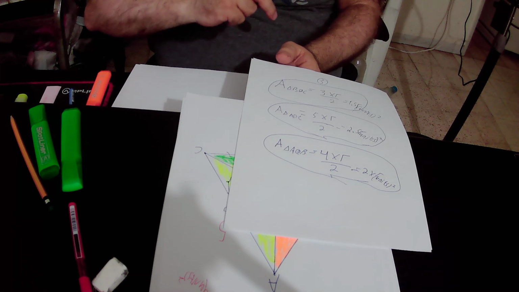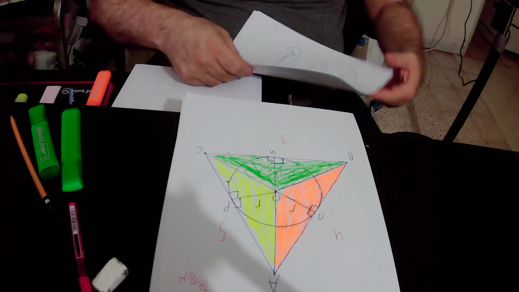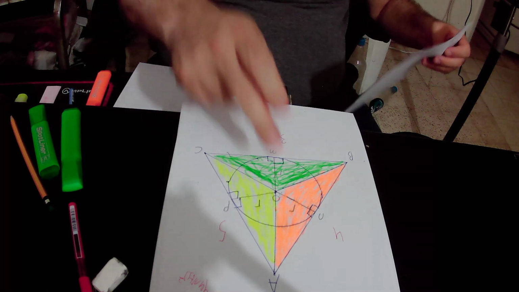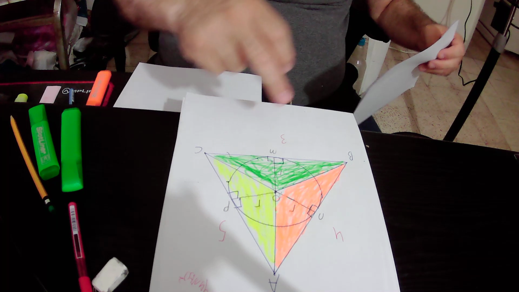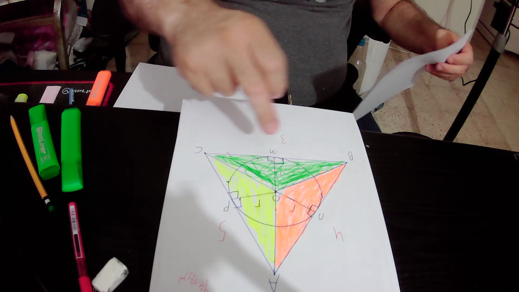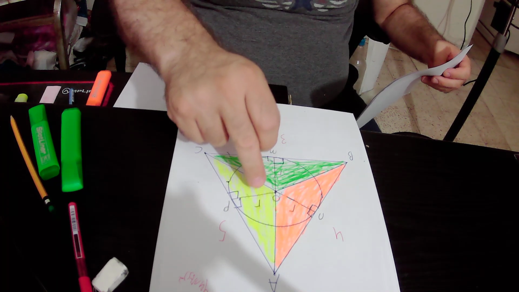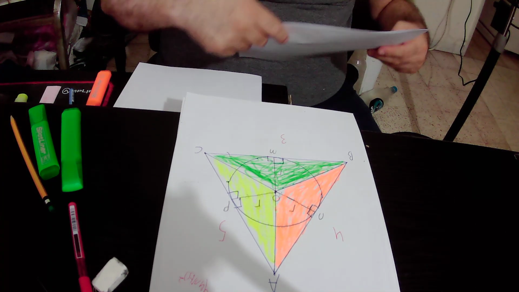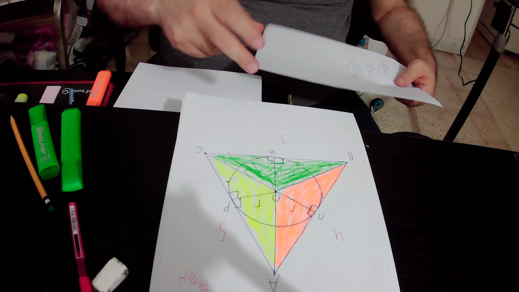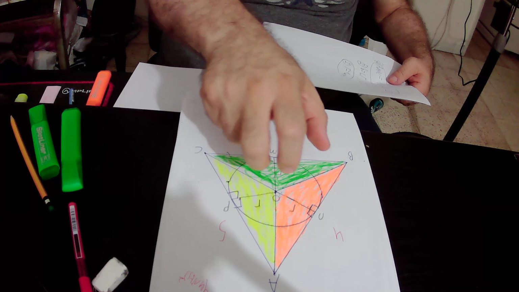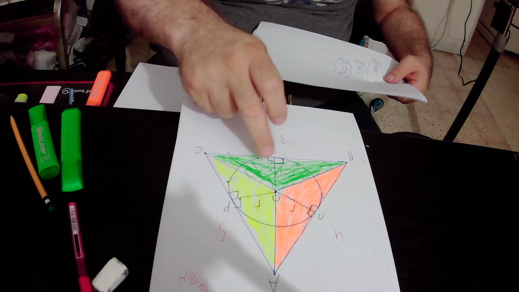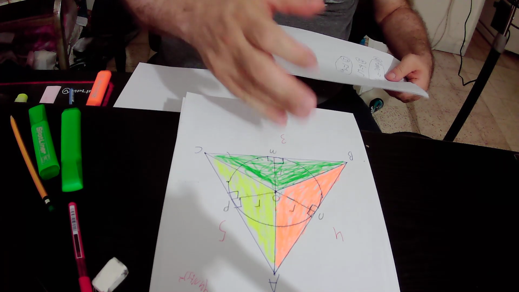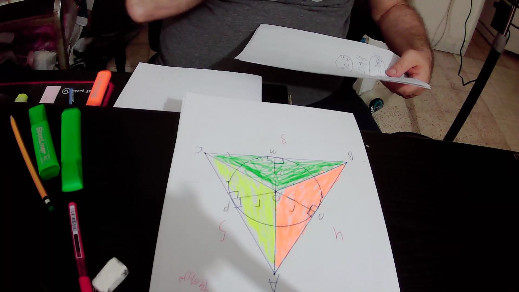So we can say that in total, the area of the big triangle ABC equals the sum of the areas of the green triangle, the yellow triangle, and the orange triangle. Okay? Because the big triangle ABC contains those 3 triangles, its area equals the sum of the areas of those 3 triangles.